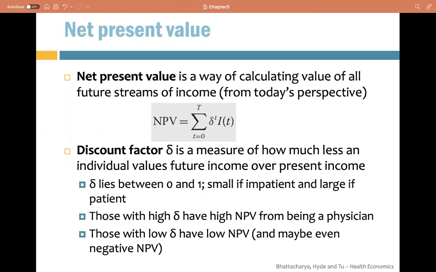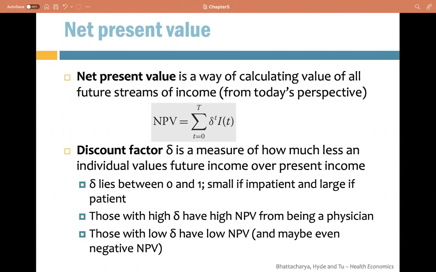So net present value is the sum of delta to the power of t times the income at time t. I'm going to add that from time 0, which is, let's say, when you're 18 years old, to capital T, which is, let's say, the last year that you earn income.